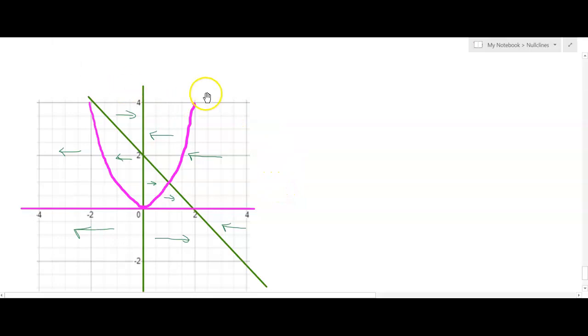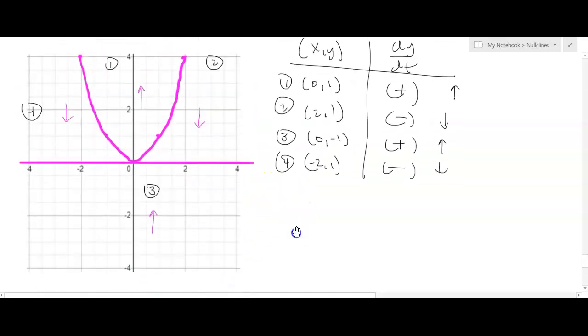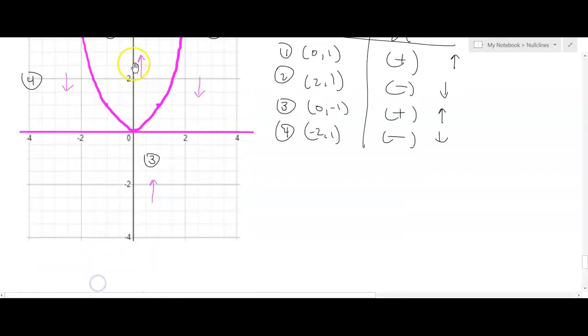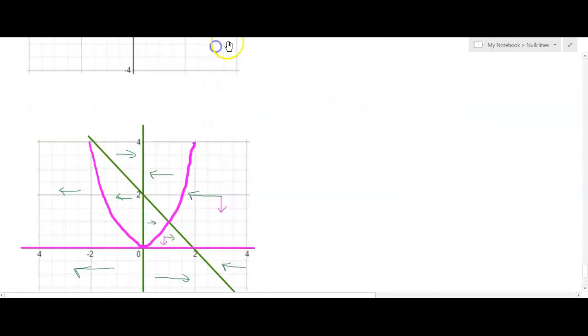Now we have to get the pink components to see whether there's going to be up or down travel. If we're within region 2 of the y nullclines, those vectors are all going to point down. So that's everywhere inside of this region, so here and here. Now if we're within that parabolic region, above that parabola, all of those vectors point upwards because that's region 1.